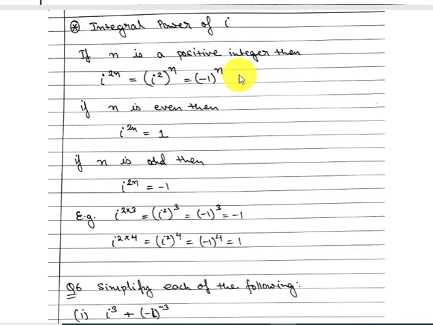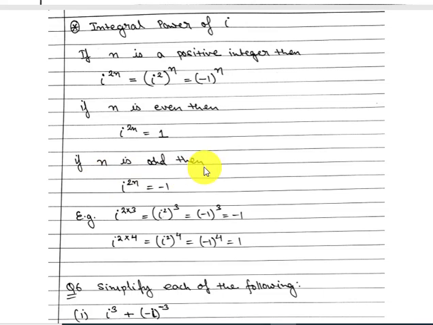This will be equal to minus 1 or 1 depending on n, whether n is odd or even. Clear? Suppose n is even, in that case minus 1 to the power n will be 1. That means I to the power 2n will be equal to 1.